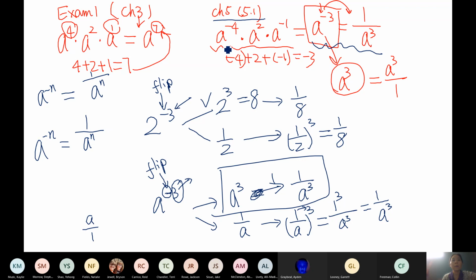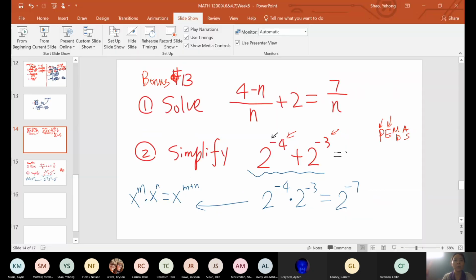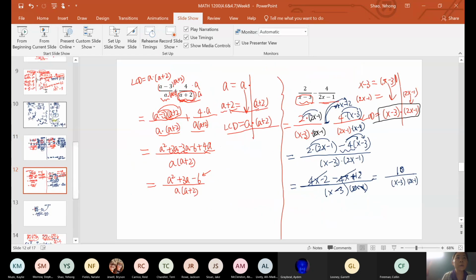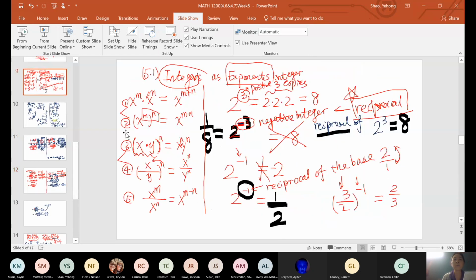Before that, I'm going to give you some practice problems to review these 5 formulas right here. We used these 5 formulas in our first exam.